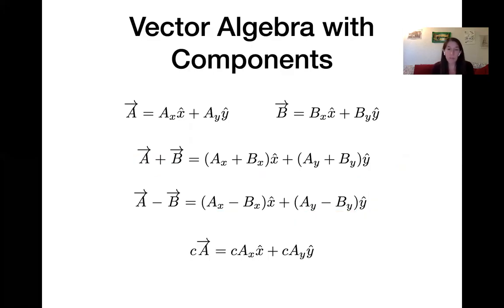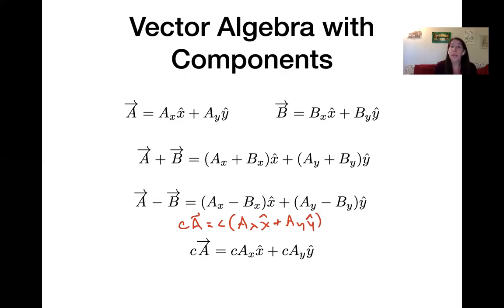And then finally, if we're multiplying a single vector by a scalar, that scalar just multiplies each of the components individually. And again, we can see that by literally c times a is c times a_x x hat plus a_y y hat.